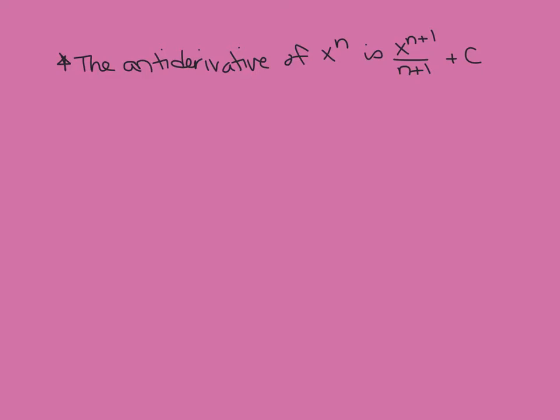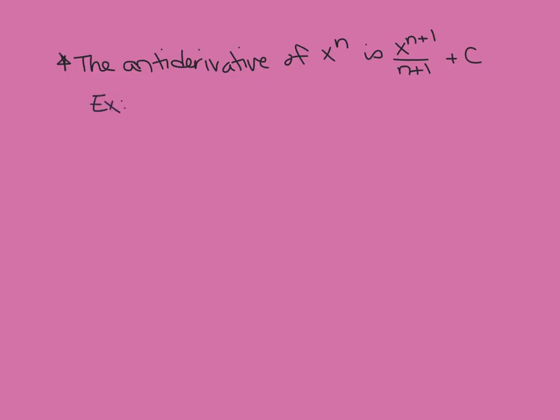So the next thing, it looks really, really complicated. Basically, if you want to find the antiderivative of anything to a power, you're just going to add 1 to the exponent, and whatever your new exponent is going to go on the bottom of the fraction.